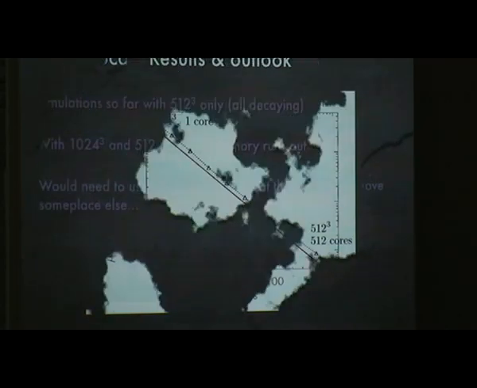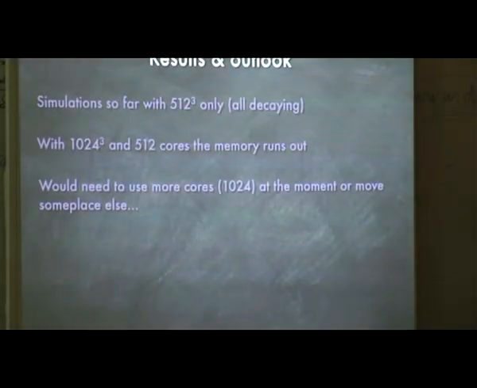Okay, so then the results, which are few. We have only a few 512 cubed runs, and all of them are decaying, so we don't have any dynamo of this resolution yet.